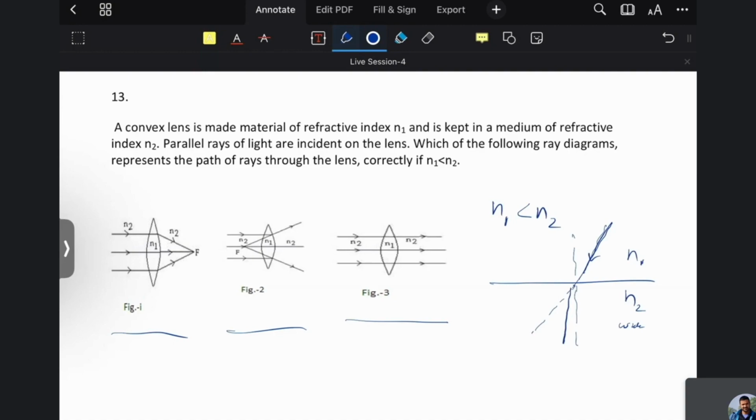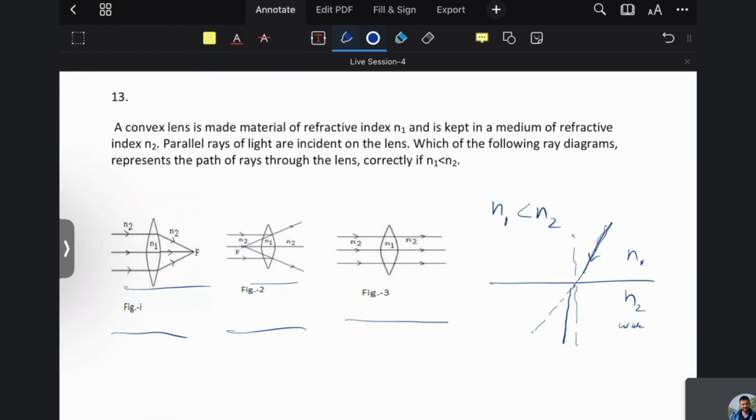So now then think about it. What will happen here in this lens? The rays are coming, they will be deflected. So the n1 here is the refractive index of the lens and n2 is the refractive index of the medium from which the light rays are coming, which is greater than the refractive index of the material of the lens.